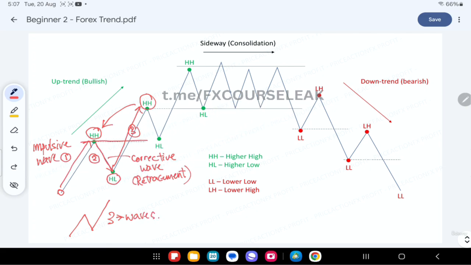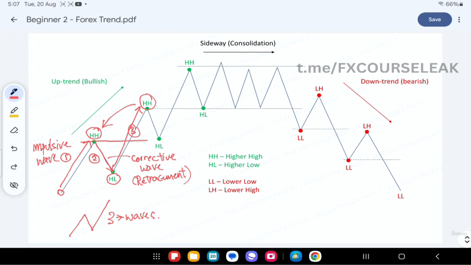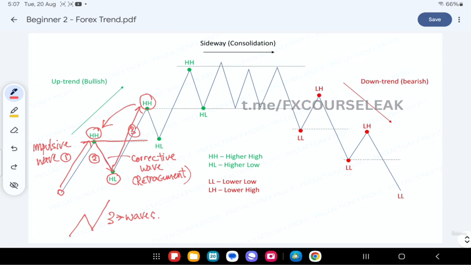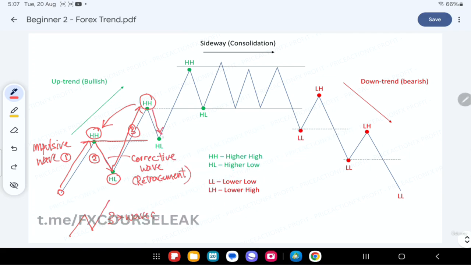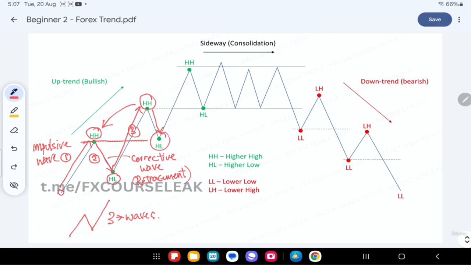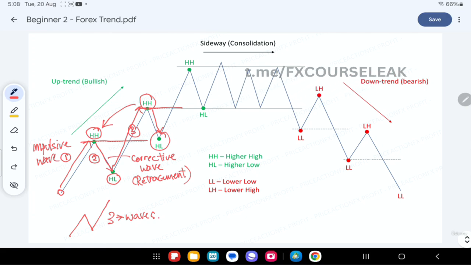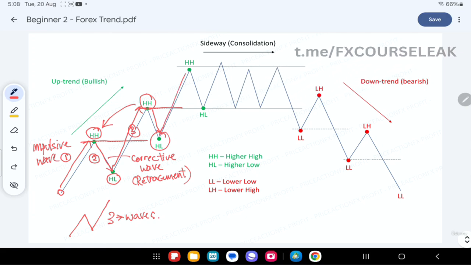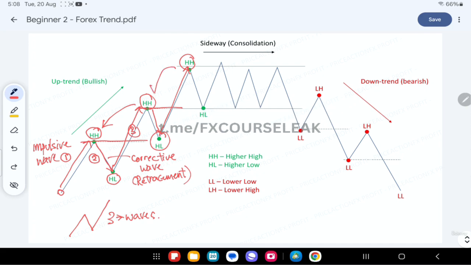Okay, now after forming the new higher high, if the bullish trend wanted to go up further, there will come another corrective wave, resting a while, forming a new higher low, and again it will break through the previous higher high and form the newest higher high on top of it.